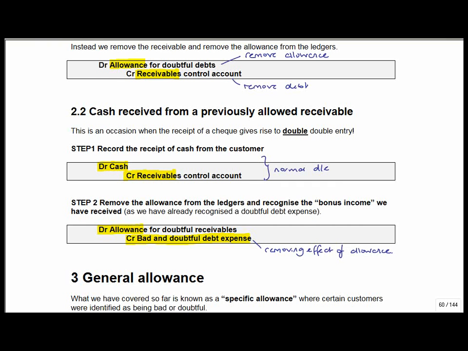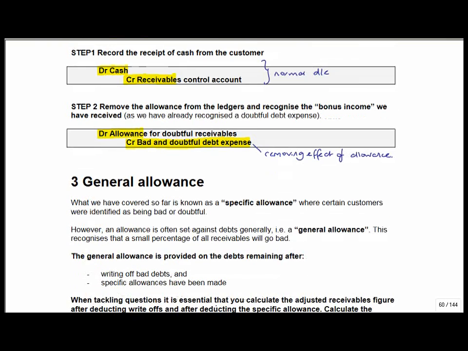Now, what we talked about there with our allowances is something called a specific allowance. That comes about when you go through your memorandum receivables ledger and you identify specific customer balances that you think are not going to be paid. Now, there's another type of allowance that a lot of businesses will set up, and that's a general allowance.